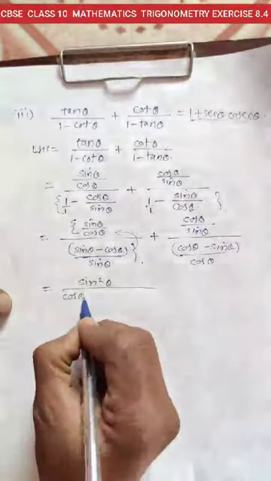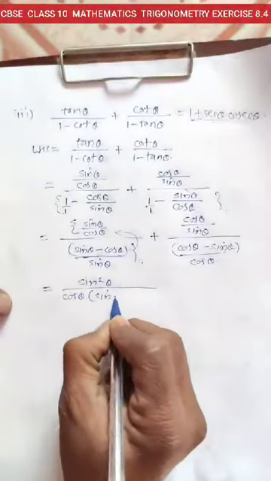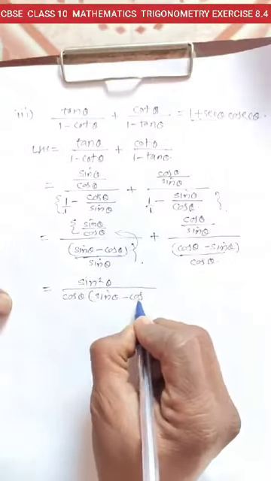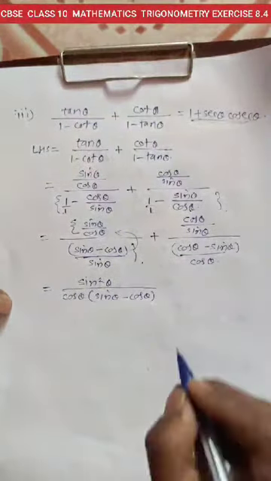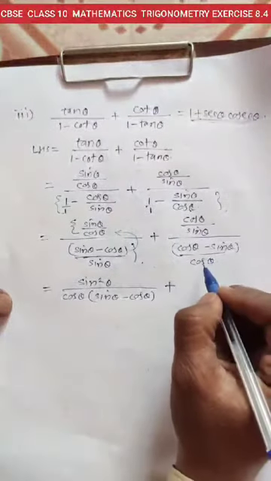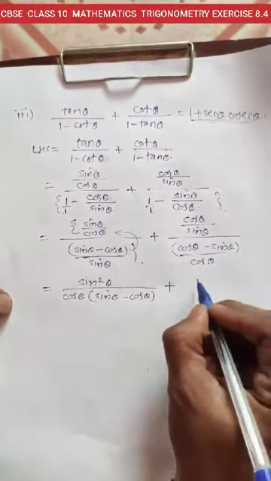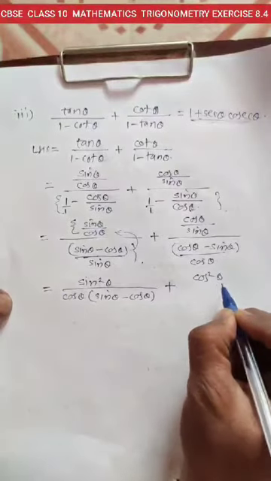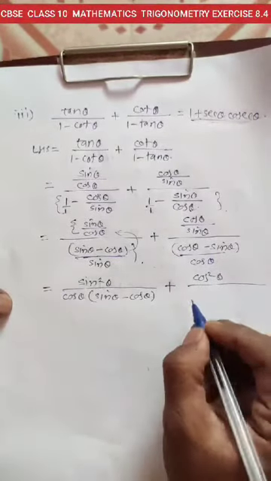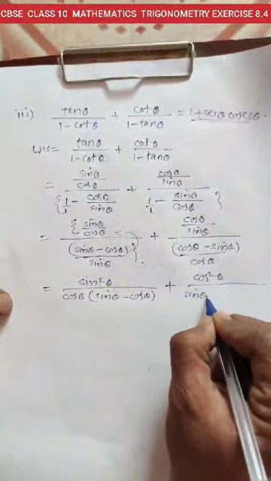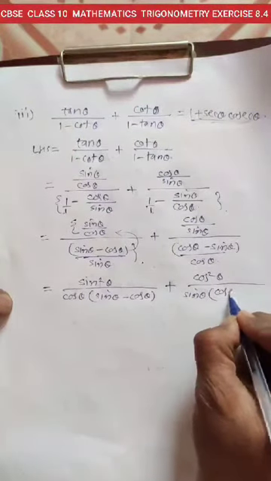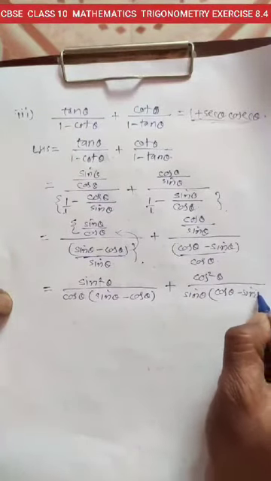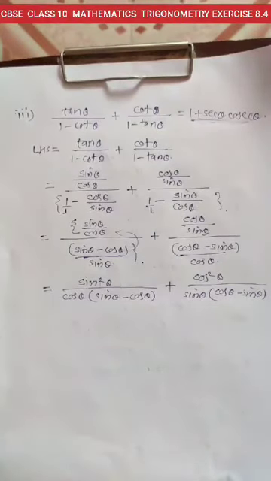So here cos theta into bracket sin theta minus cos theta. Plus the same step here, cos into cos, cos square theta divided by, this is the sin theta, this is a sin theta into bracket cos theta minus sin theta.